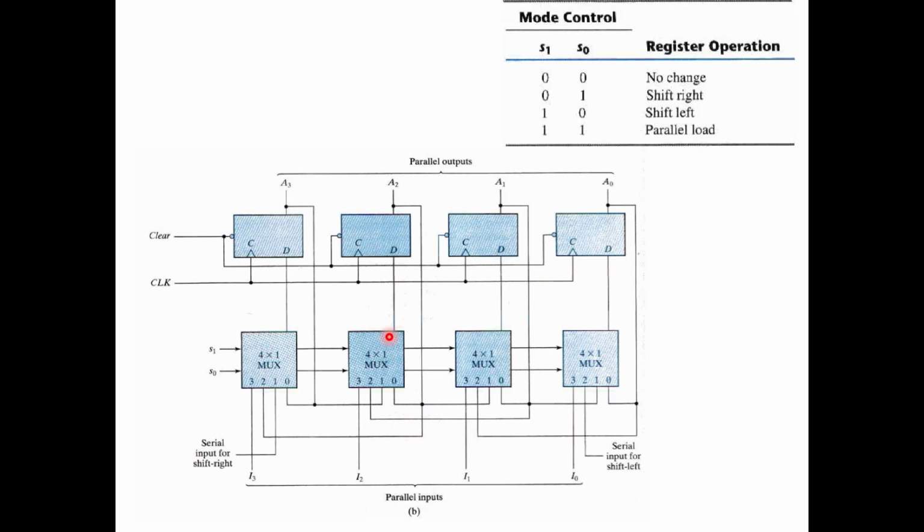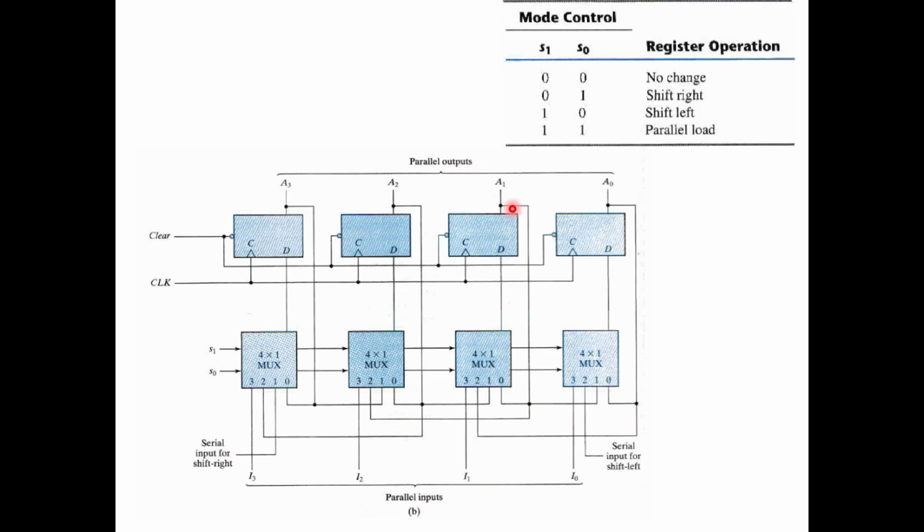This cycle will continue. So whatever A2 is, the same A2 will be circulated between the 0 input of the multiplexer and the D input of the flip-flop. Same thing here also, your A1 will come back here, this 0 input will be activated, whatever data is there will be transferred to the D input, and again it will appear at the output side. Same with here. That's why 0 0 is no change.